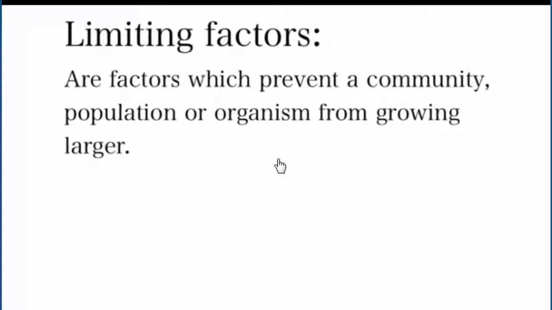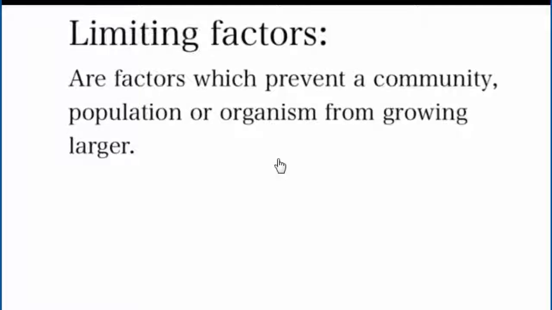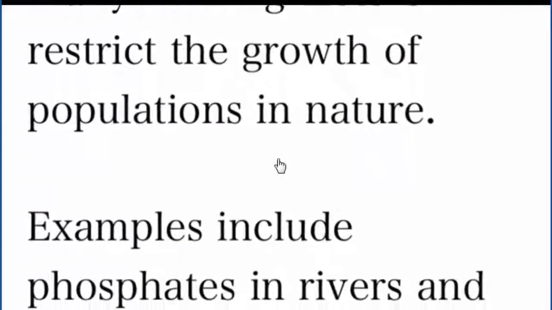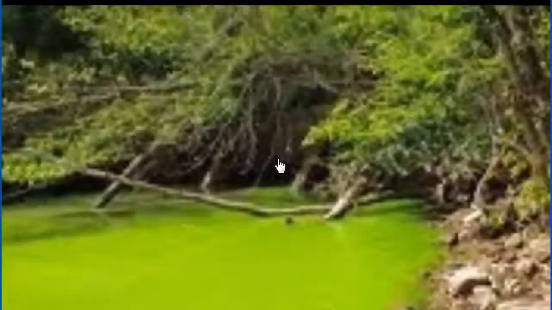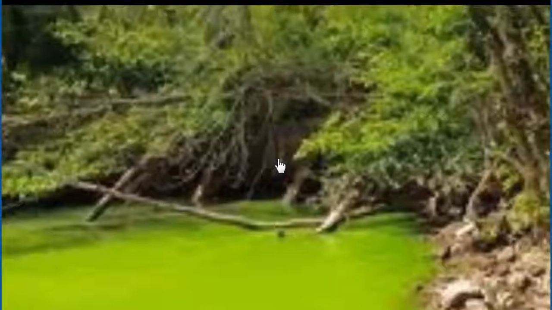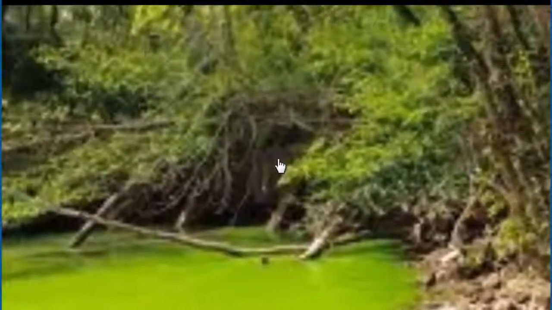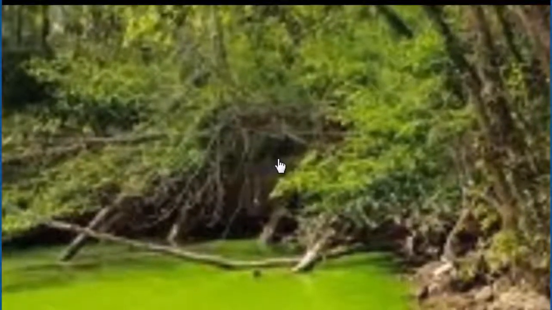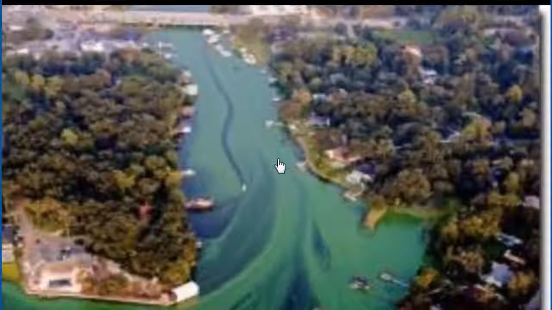But what's cool is these factors can limit each other. They can limit how much one can grow. Let me give you an example. If you look at phosphates, which are basically 4 oxygens and a phosphorus atom, they are usually in limited supply in water. And so this green algae wouldn't necessarily cover the pond like this because there wouldn't be enough phosphates for it to grow like that.